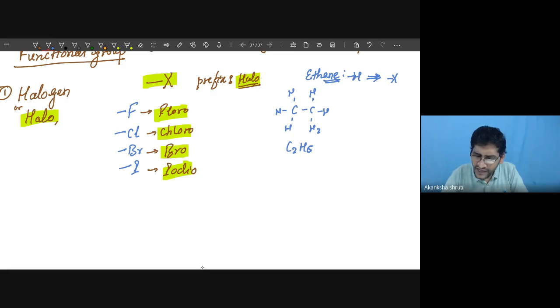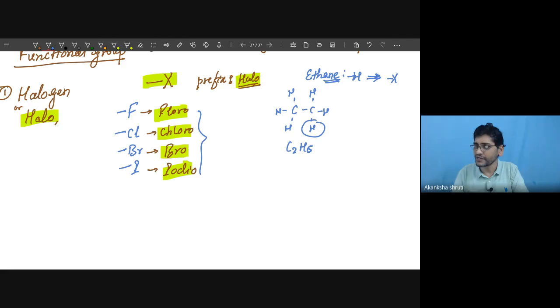But if one of the hydrogens is replaced by any of these atoms, again keep in mind the bond formed will be covalent, not electrovalent.